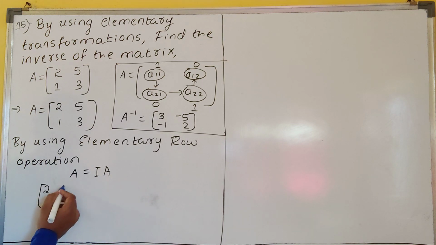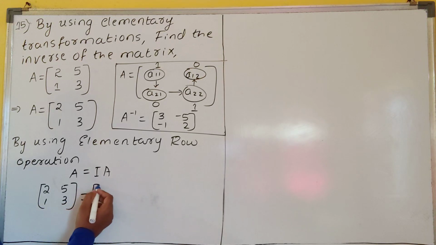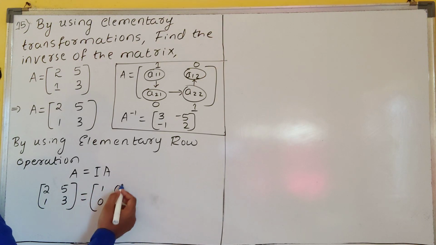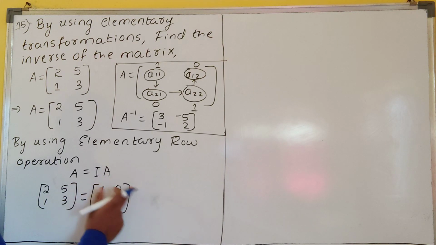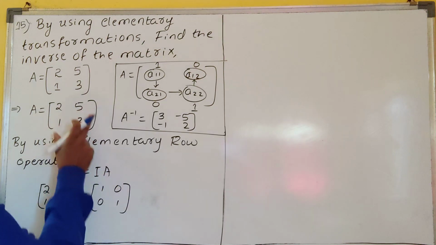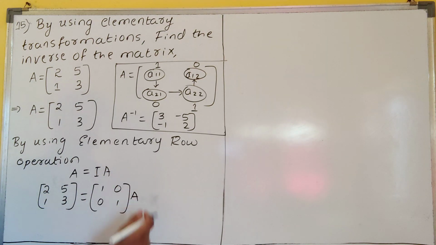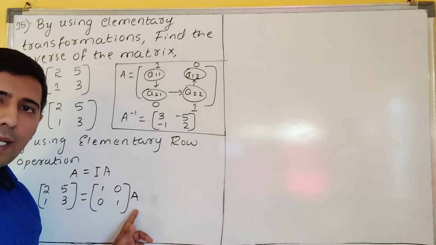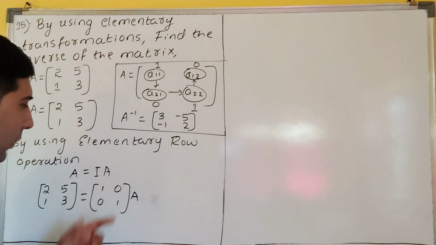A is 2, 5, 1, 3. I is 1, 0, 0, 1. And don't write the A values here. Into A you write as it is. Don't write A values. Got it?